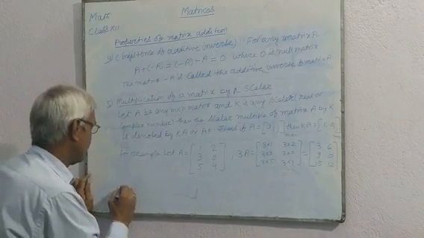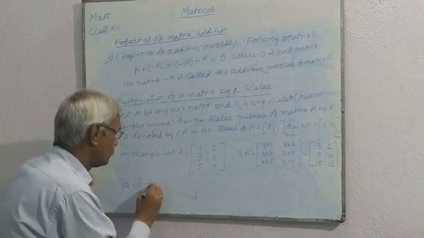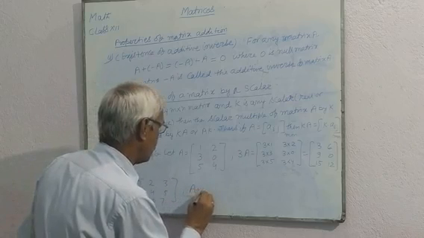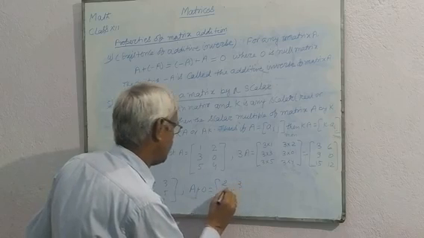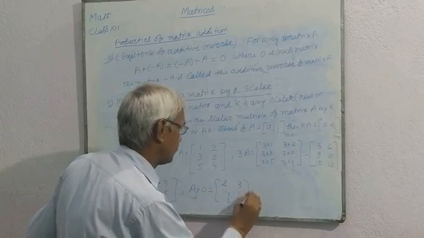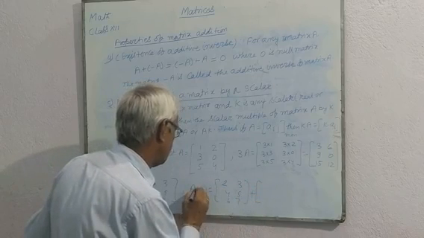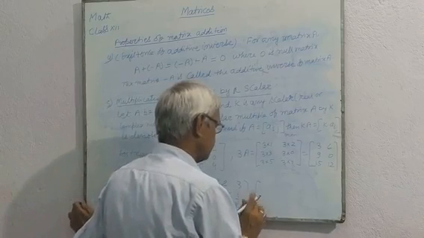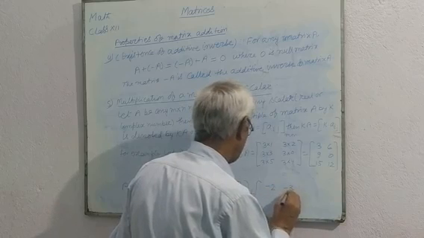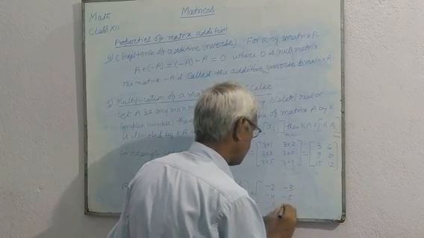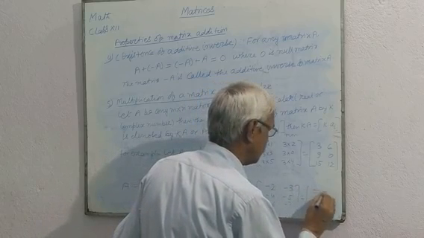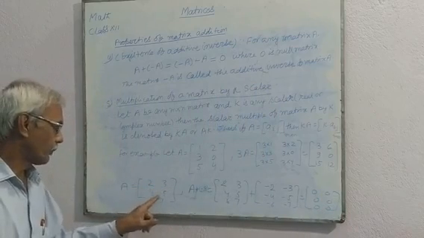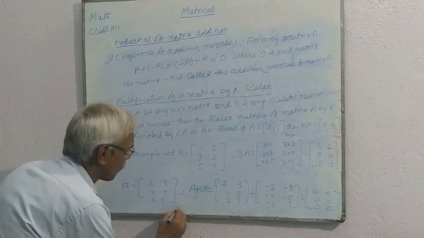For example, A is 2, 3, 4, 5, 6, 7. Here A matrix is 2, 3, 4, 5, 6, 7, with 3 rows and 2 columns.